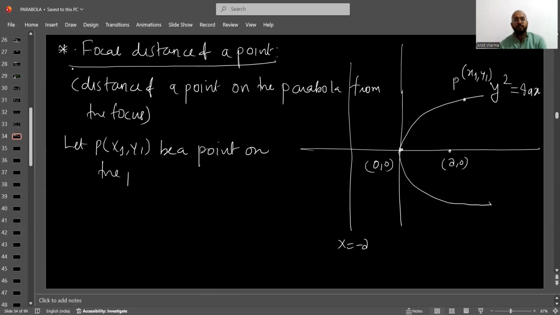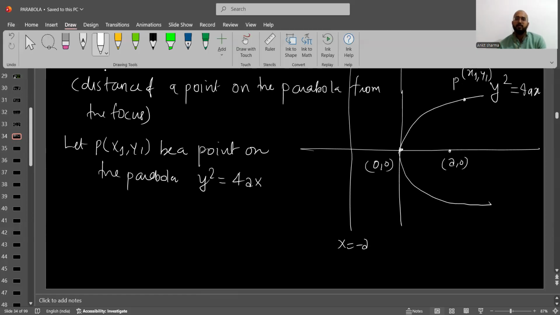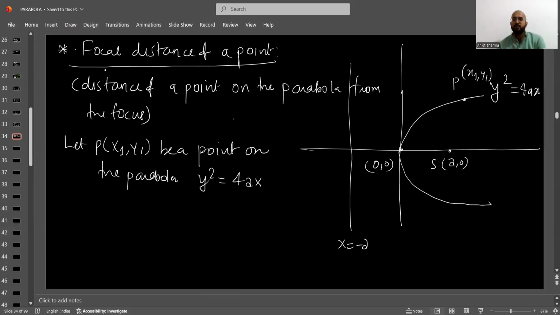So let P x1, y1 be a point on the parabola y square is equal to 4ax. Now I want the distance of P from this focus. That means my goal is to get SP. So how can I get SP?